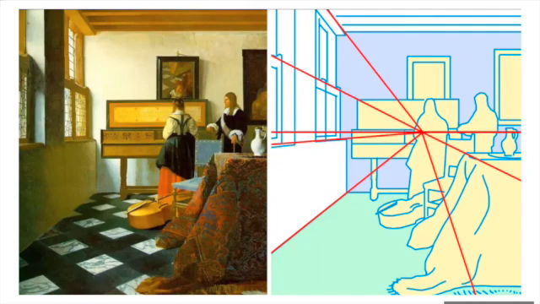But because he knew where his vantage point was, he was able to put down the horizon line and then line up all the other architectural elements in the room to that one vanishing point. So keep in mind, when you try drawing linear perspective from life, the horizon line pretty much lands in the middle of your eyesight.